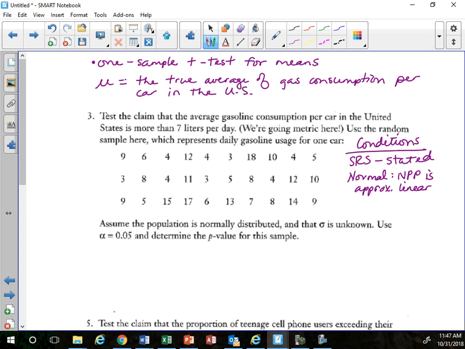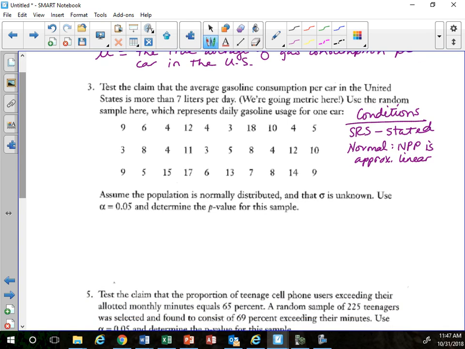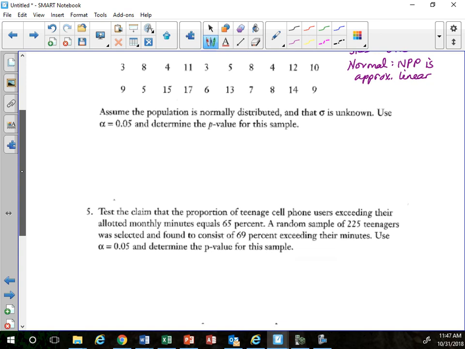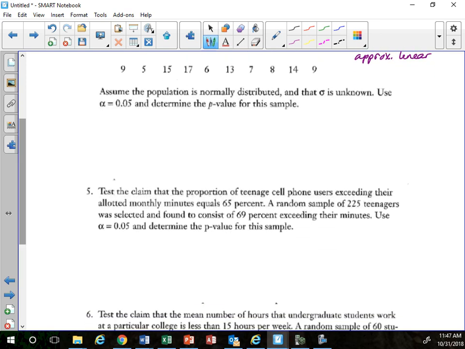All right. So, we okay so far, guys? Step by step, we're good? Okay. We need to write our null and our alternative. Oh, and guys, what could we have done even without looking at the normal probability plot? You had to put the data in. Well, looks like we're using a Z plot.